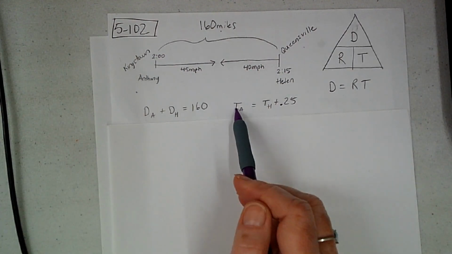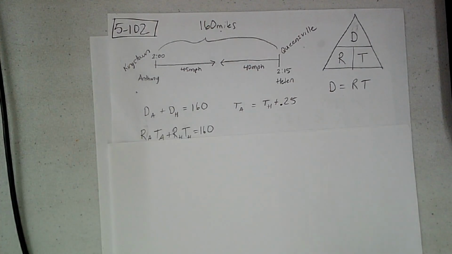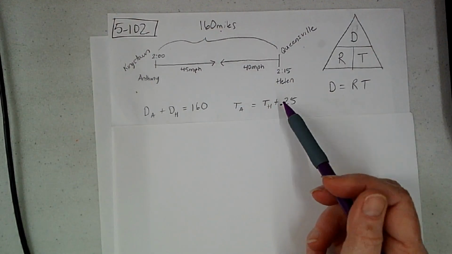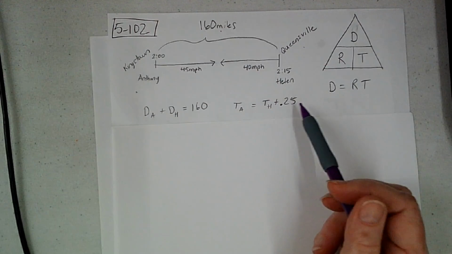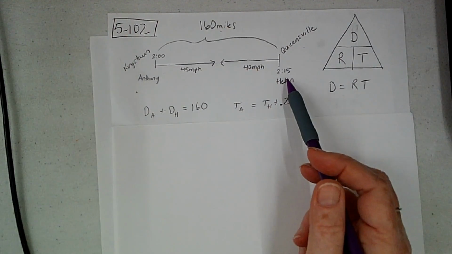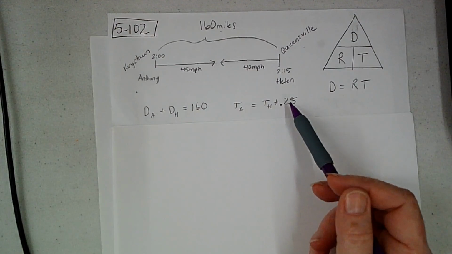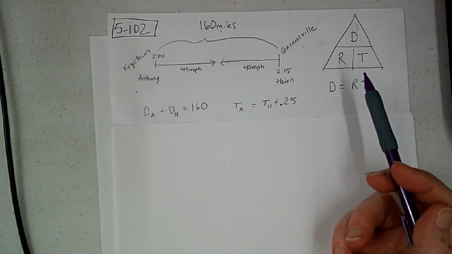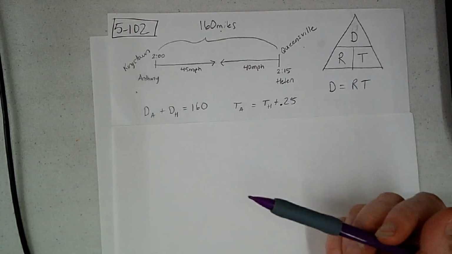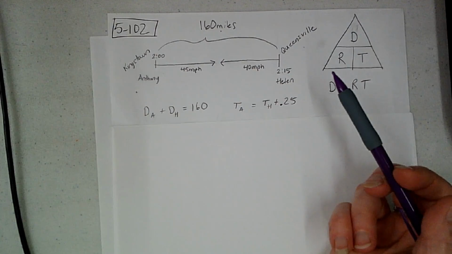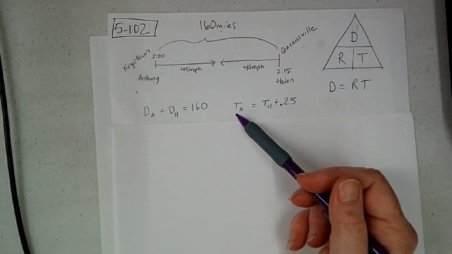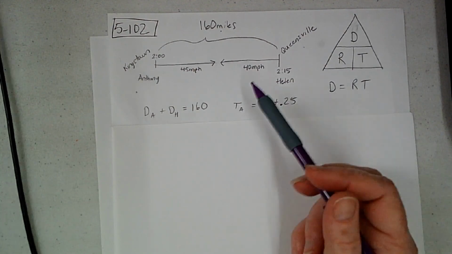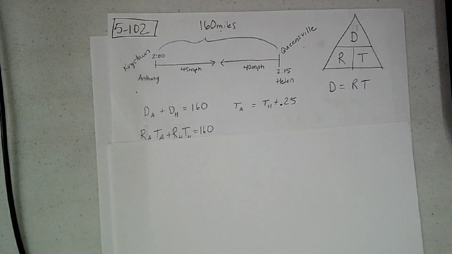So I wrote that Anthony's time, let's not make it confusing, Anthony's time is going to be whatever Helen's time was plus a quarter of an hour, because that's what 15 minutes is. And that's because he was already driving for 15 minutes before she left. So hopefully that makes sense, that his time is going to be her time plus 15 minutes since he started before her.